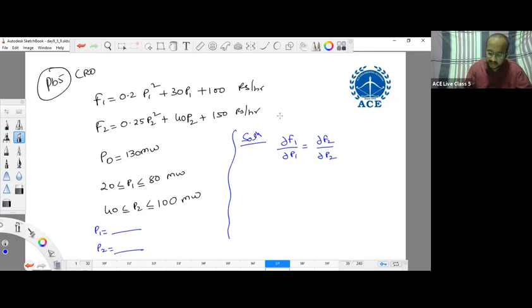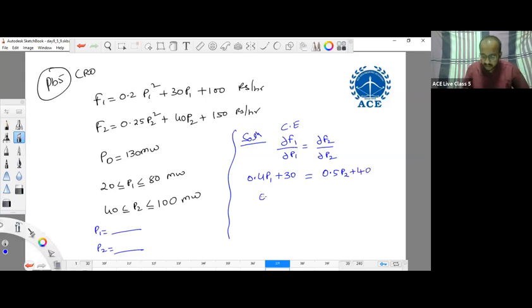This is the incremental fuel cost of first unit and this is of second unit. If you differentiate, you get 0.4 P1 plus 30 must be equal to 0.5 P2 plus 40.